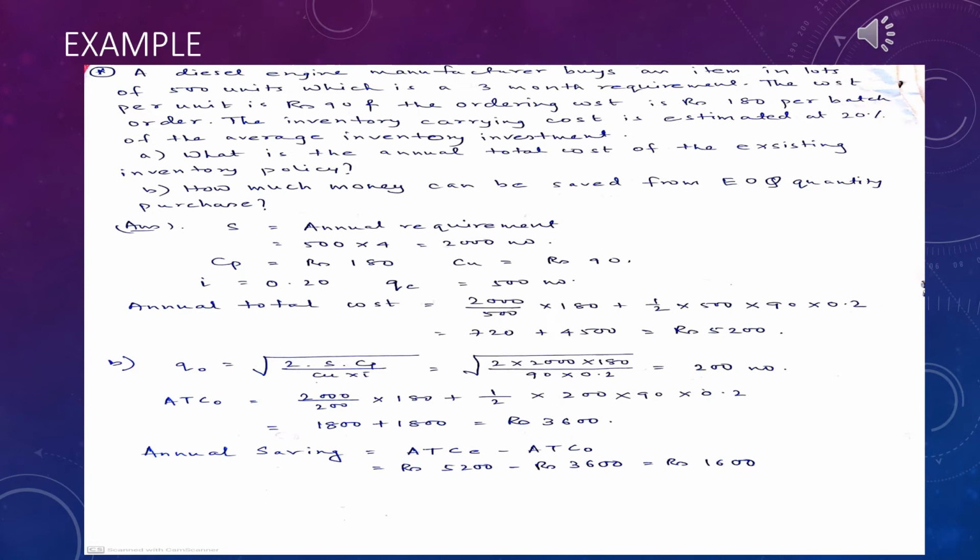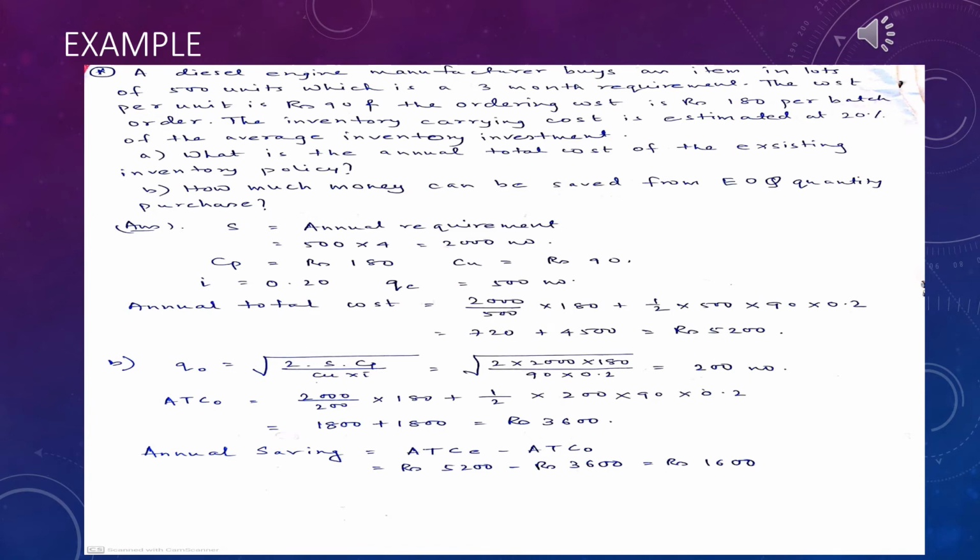And if we go back to the formula of the inventory carrying cost, half into Q into CU into I, and replace the figures, Q is currently 500 per batch, CU we have taken to be 90 per unit and I is 0.2.